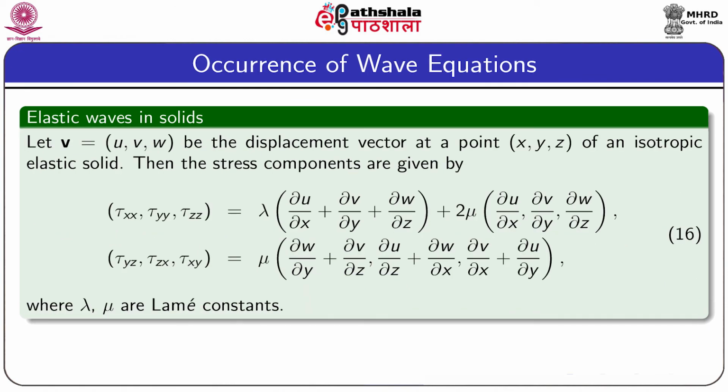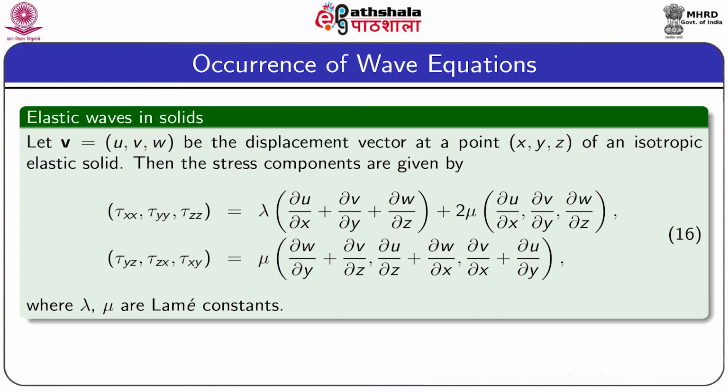Now, we are going to discuss how the wave equation can come for an elastic wave in solids. Let small v, which has components u, v, w, be the vector at a point x, y, z of an isotropic elastic solid.